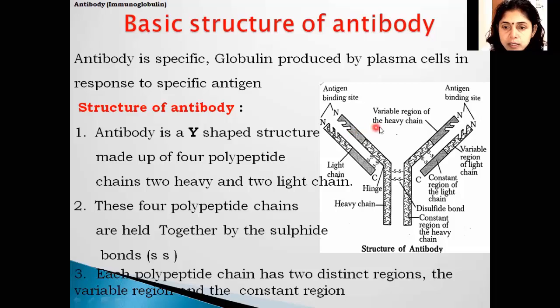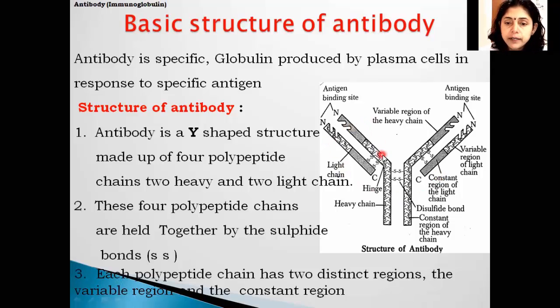So the upper ones are the heavy chains. This is one heavy chain, and this is the second heavy chain. Next is this light chain, and this is also a light chain.